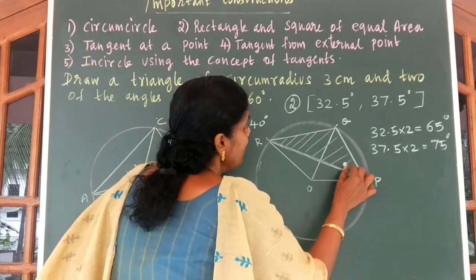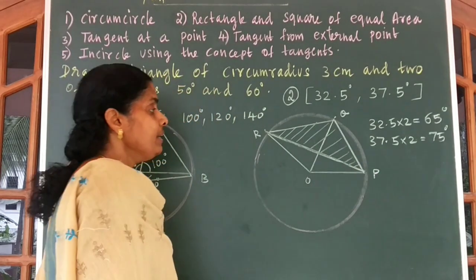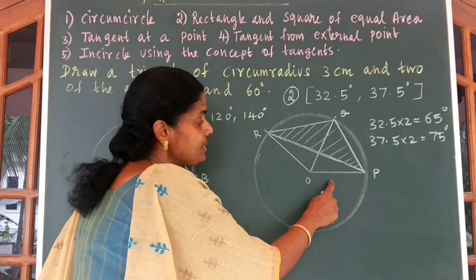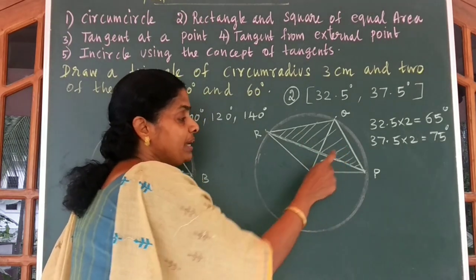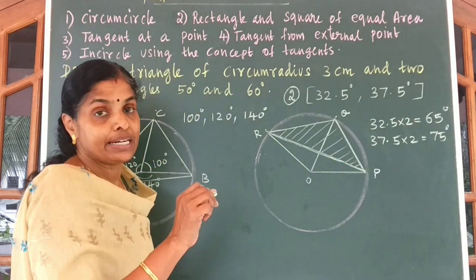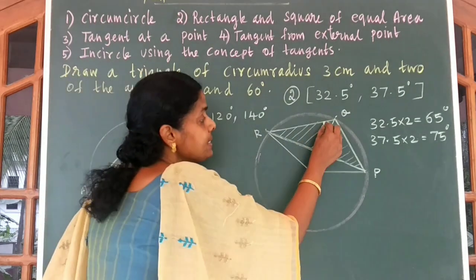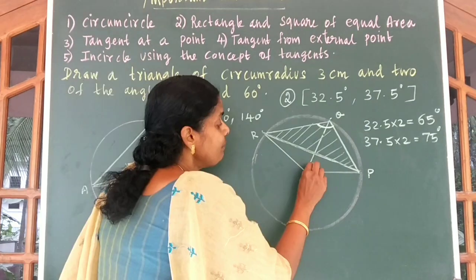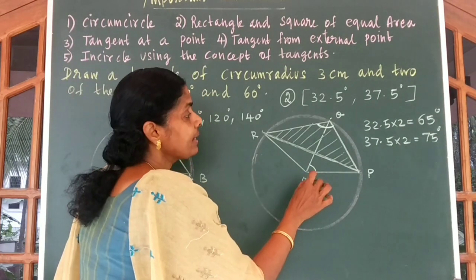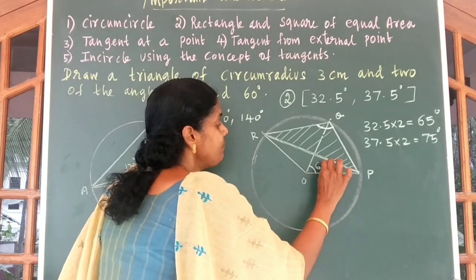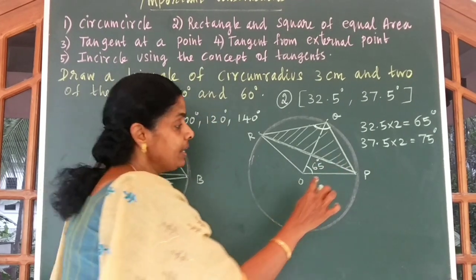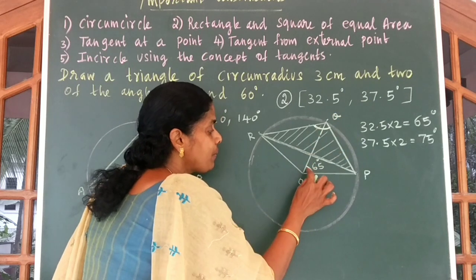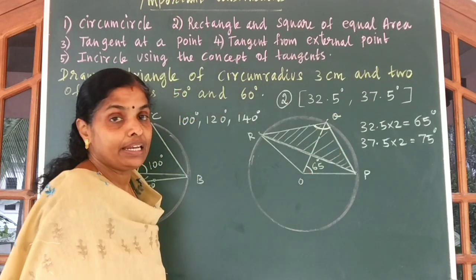From the figure you can understand this is an acute angled triangle and this triangle is going to be an obtuse angled triangle because this angle is going to be an obtuse angle. We have marked this angle as 65 degree. So we have marked angle POQ to be equal to 65 degree.